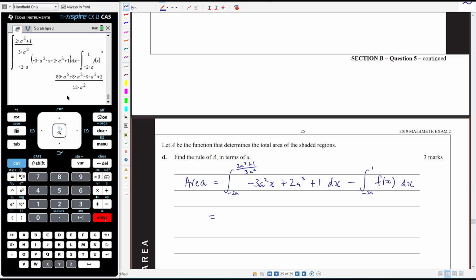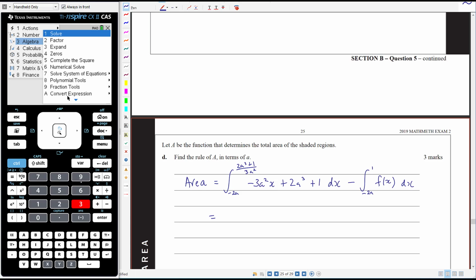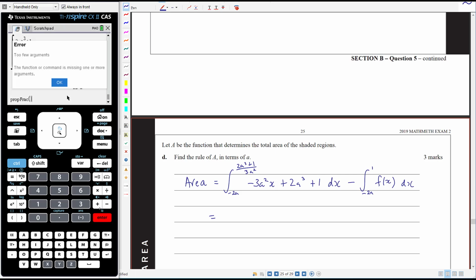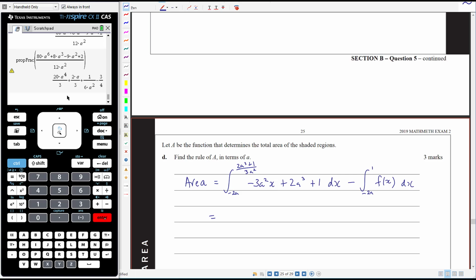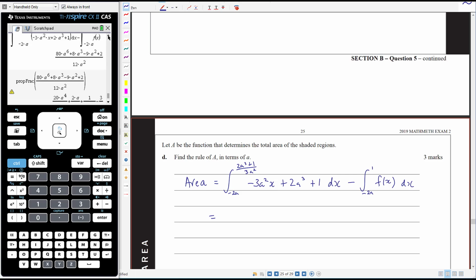Okay, so that's our expression. You could write that out. You could also get it to, how do I do it? Menu 3, 9. I think if I do proper fraction, it'll force it to actually do that division, so you could write it that way. However you want to write it, it doesn't matter. It's the same thing.